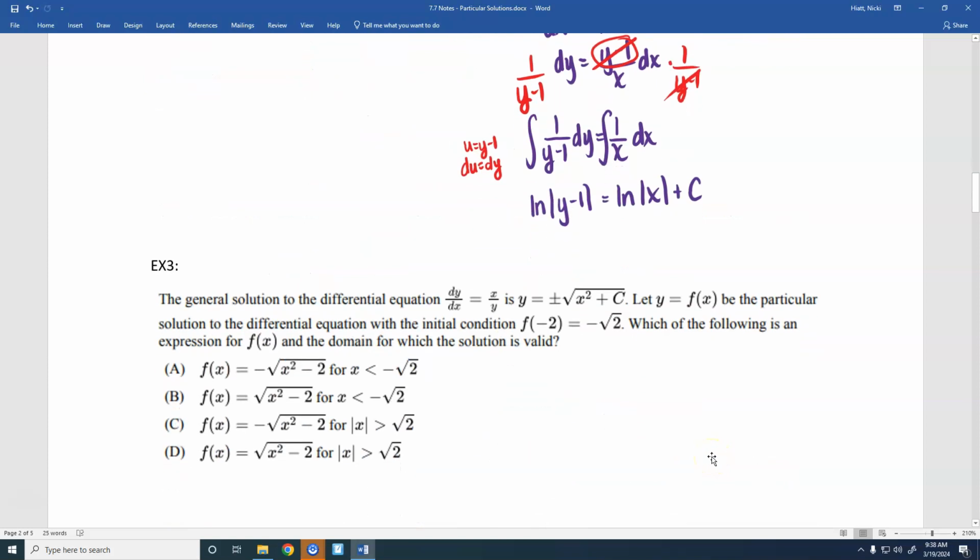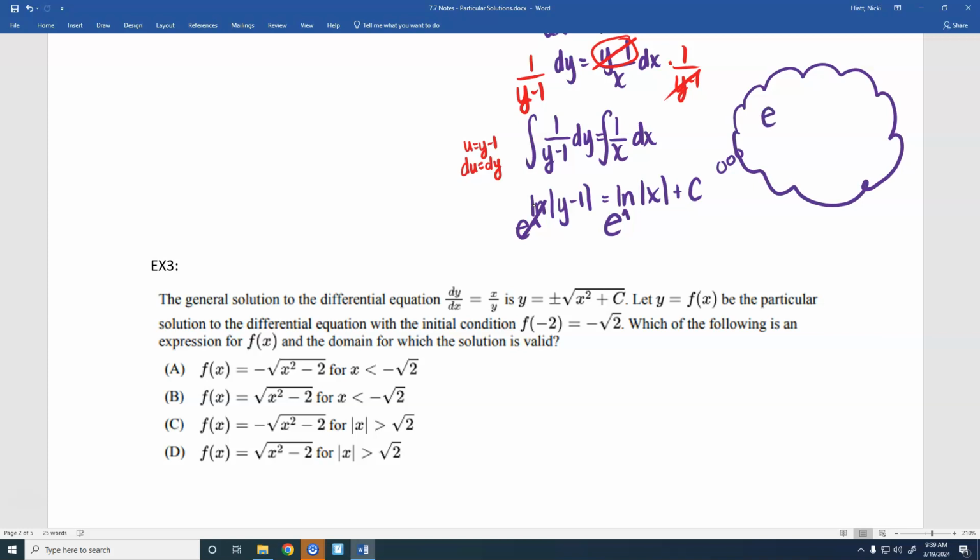Let's solve for y. If I want to get that y by itself, what have I got to do to get rid of that natural log? E to the power. Does it cancel the natural log? Not exactly, because of the plus c.